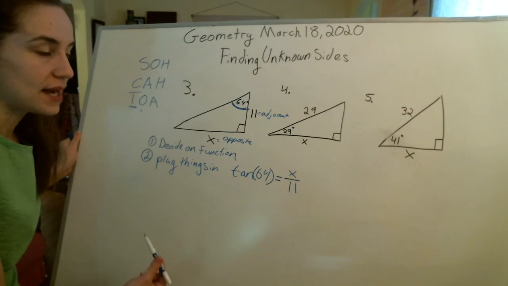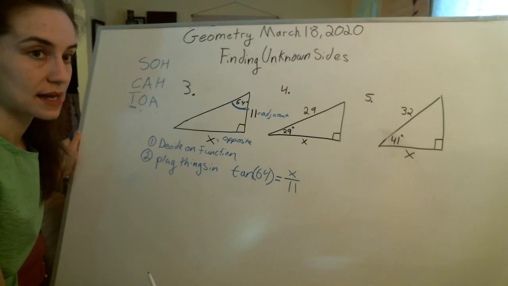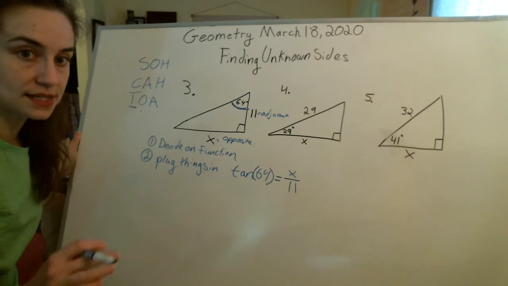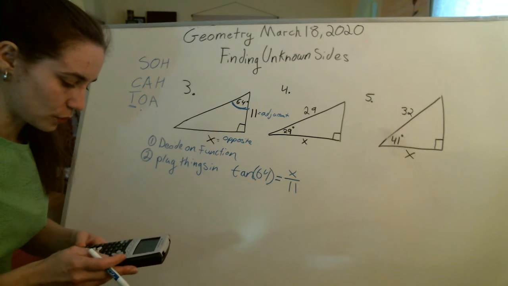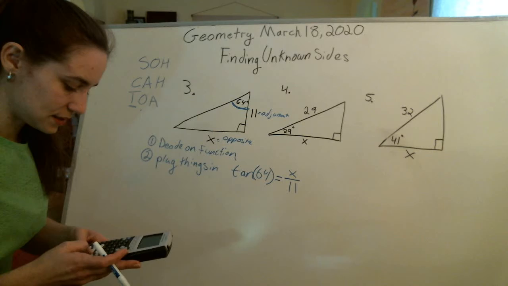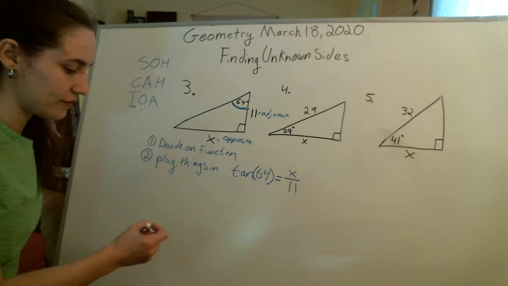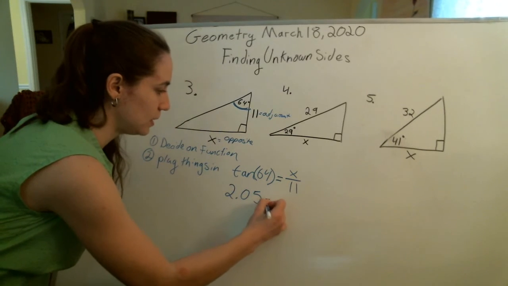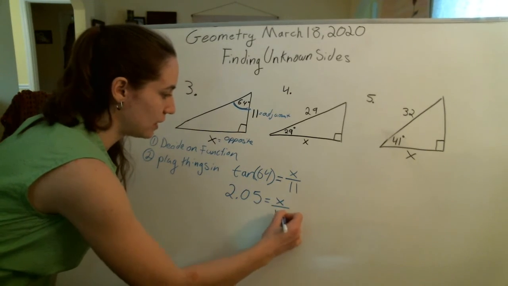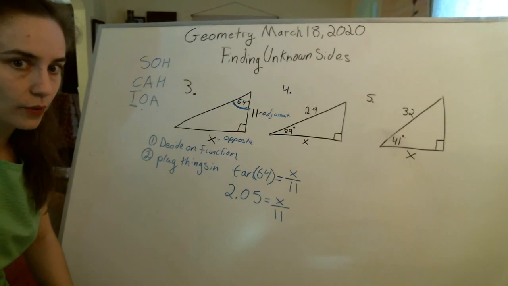Now the next step is to type it in your calculator, and I posted a scientific calculator on the warm-up. Tangent of 64: you hit the tangent button, 64, parentheses, and we will get 2.0503. So I get 2.05 equals x over 11. Our last step is to figure out what x is.